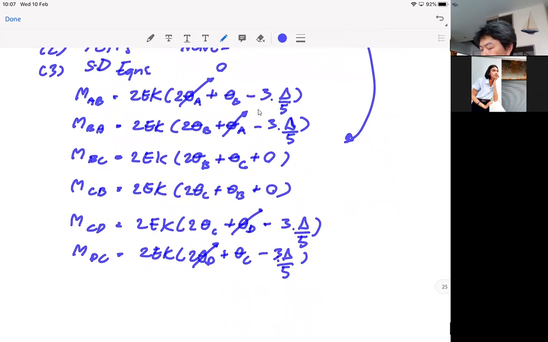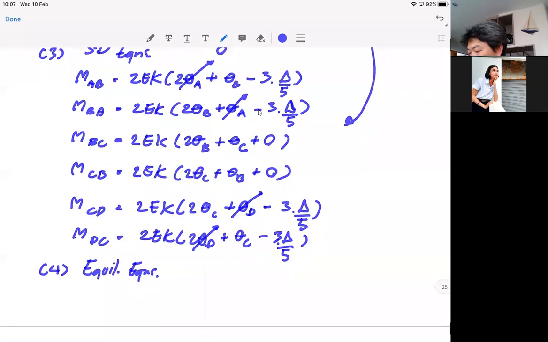Okay, so what we are going to do next is the same step, that is equilibrium equations. That's step number 4. Remember, we have 3 unknowns now, so we need 3 equilibrium equations.